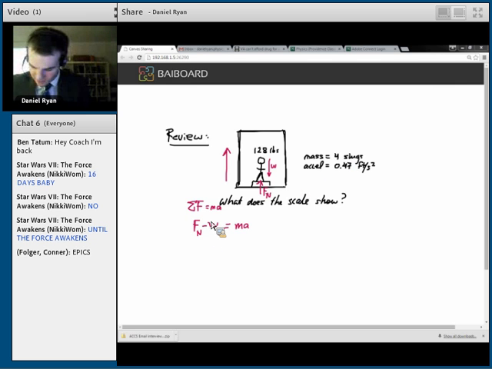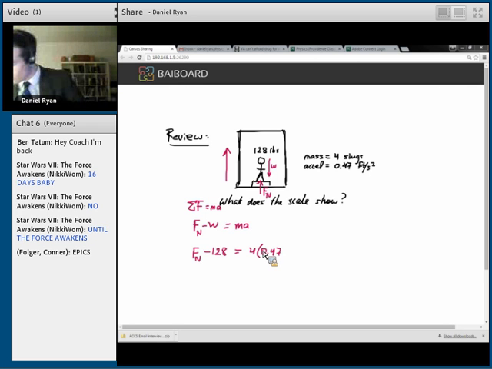We have the normal force, we have this person's weight at 128 pounds, we have the mass in slugs, and we have an acceleration of 0.47. So basically 0.47 times 4 is 1.88.